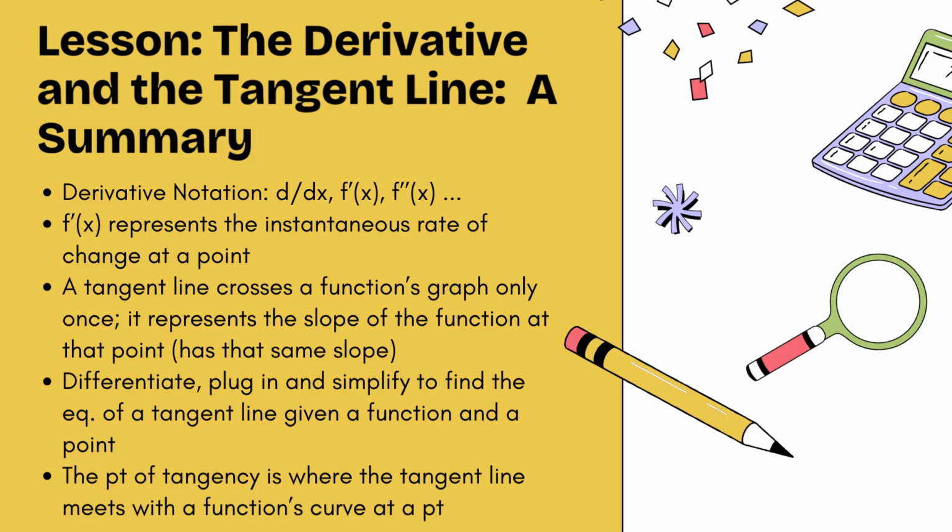You do not need to do that usually. So once you find the equation of a tangent line, that is it. You're done. And the point of tangency, again, is where the tangent line meets the function's curve at a given point on the function's graph. And this is really important to understand and contextualize as well.